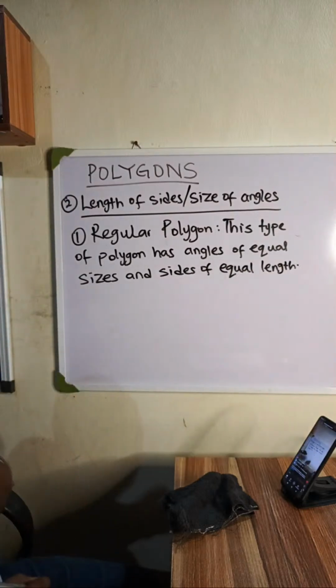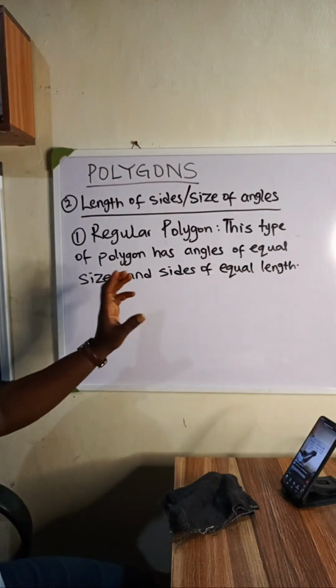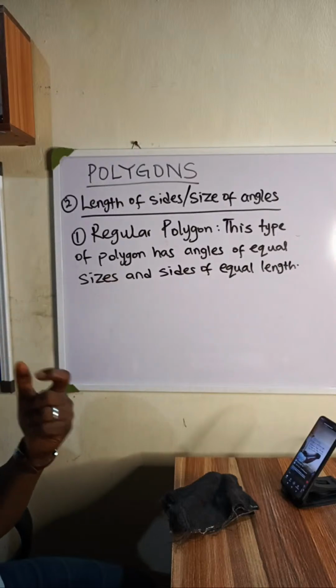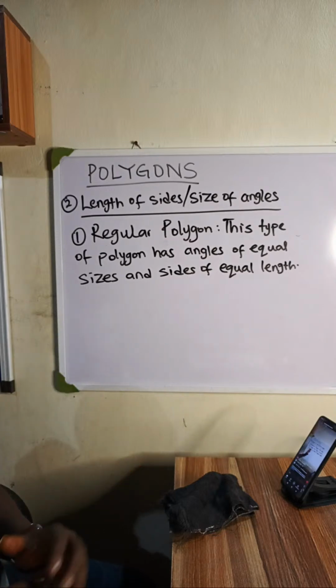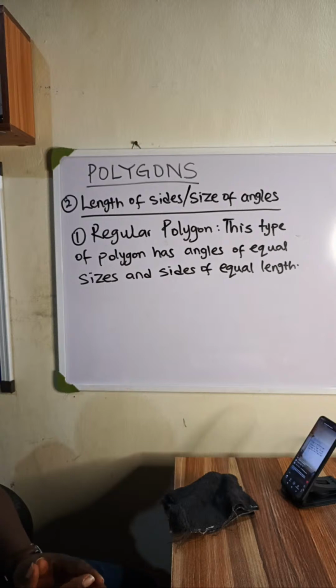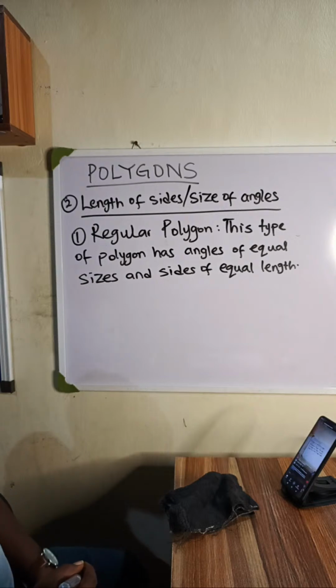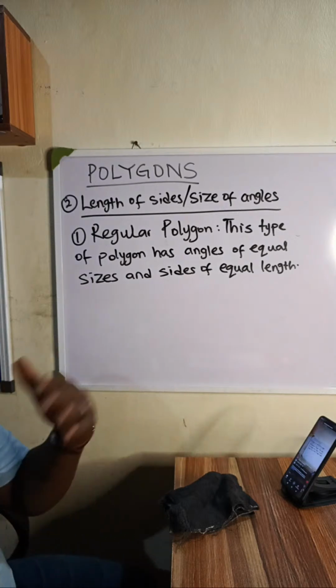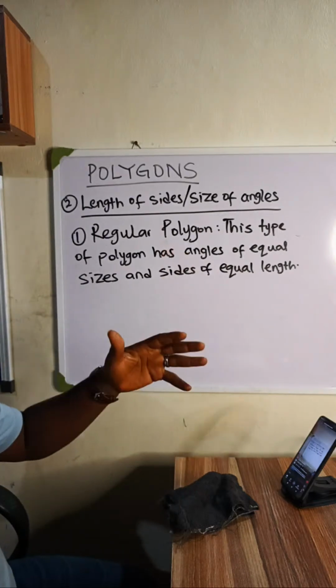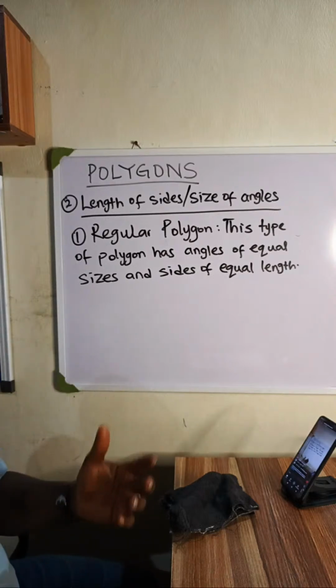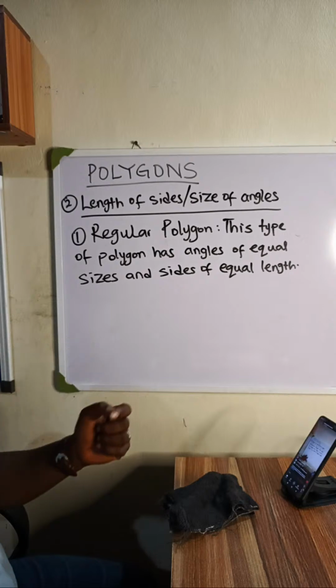So whenever you see a polygon where all the sides are the same and all the angles are the same, that type of polygon is called a regular polygon. This regular polygon can be a hexagon, a pentagon, it can be any type of polygon based on number of sides. But if the angles are equal and the sides are equal, then it is a regular polygon.